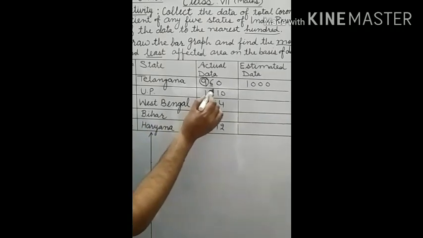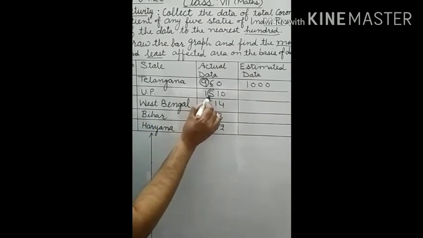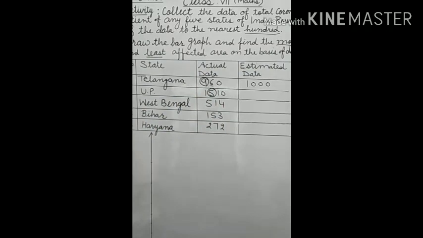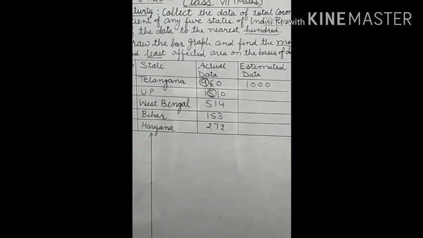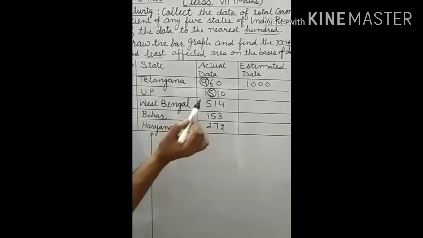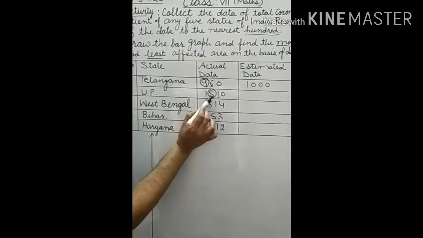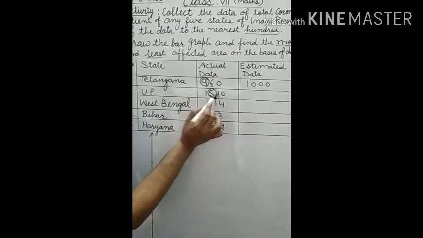Here again, you encircle the 100s place. Now see the digit just after this, the 10s digit. Here the 10s digit is 1, which is less than 5. It means the hundreds digit will remain the same and the last two will become 0.